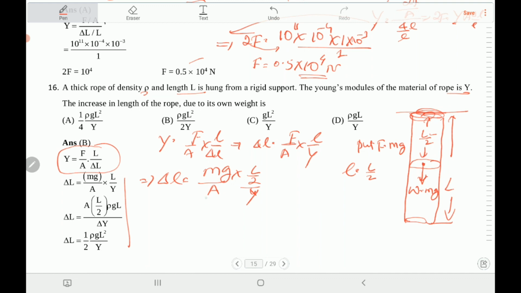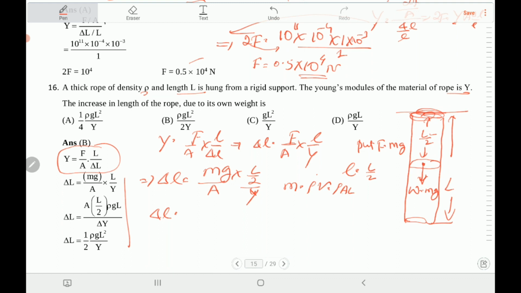Now I will continue further. Delta L, mass is not given. He has given mass in terms of density. What is density? Mass by volume. So mass is density into volume. What's volume of cylindrical wire? Length into area, right?